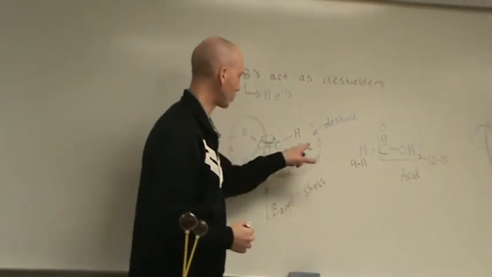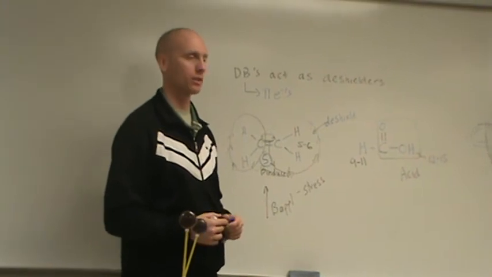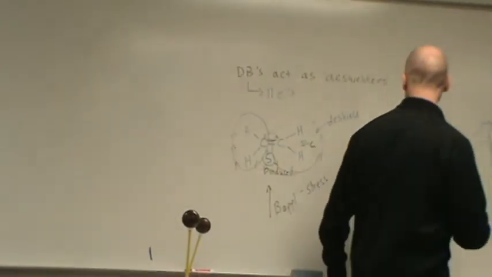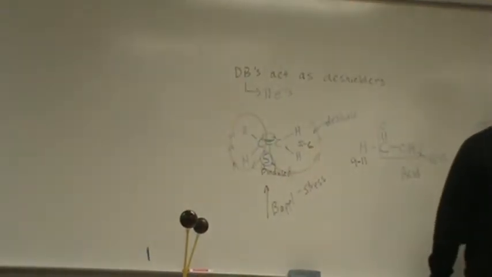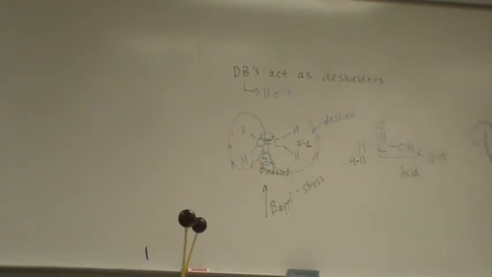If this line is stronger, it'll be more downfield, and it shows up between 7 to 8. If you ever see a peak between 7 and 8, write it down: I can draw a benzene molecule.